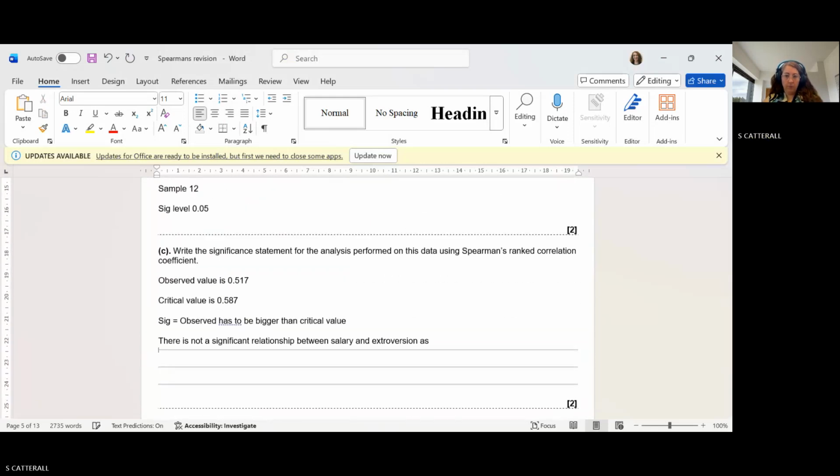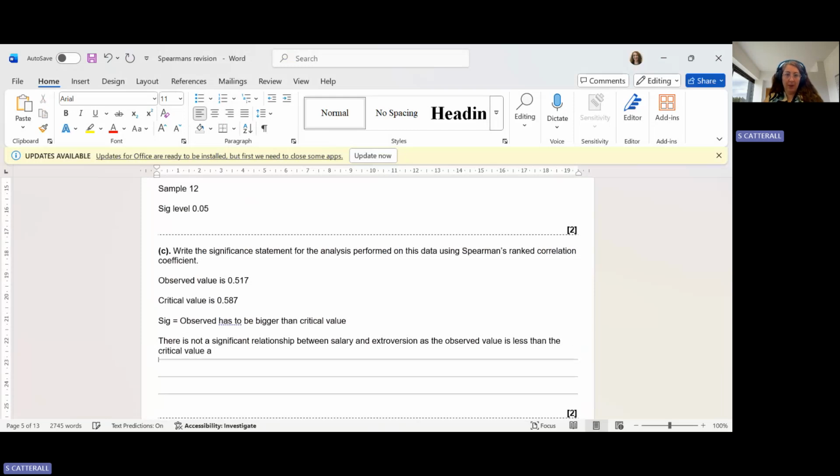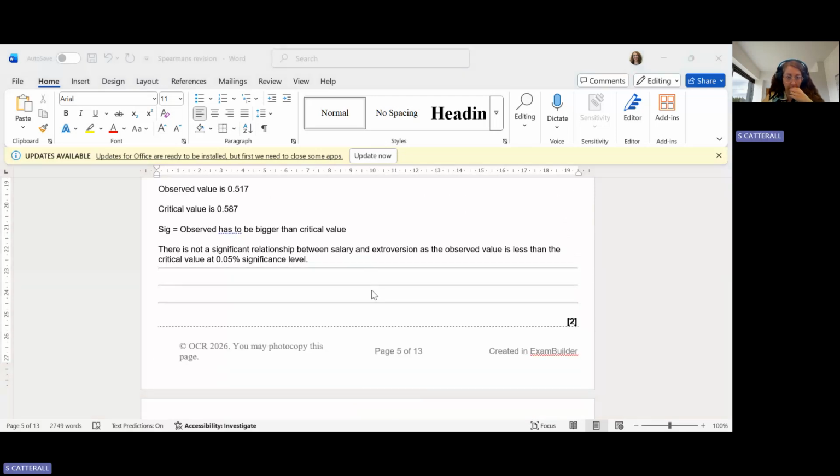as the observed value is less than the critical value at the 0.05 significance level. Let's just see the mark scheme. So we've got observed is smaller than the critical value, and P is less than 0.05, so the null hypothesis holds, there's no relationship.